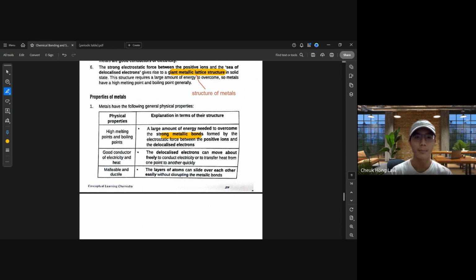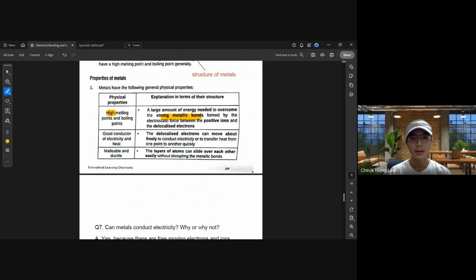So it's high melting and boiling point. Good conductor of electricity and heat. Again, two things, ions and electrons. Which one does it have? It has electrons that are free to move. It also has ions, but the ions are not free to move. So only the delocalized electrons can move about to conduct electricity or transfer heat.